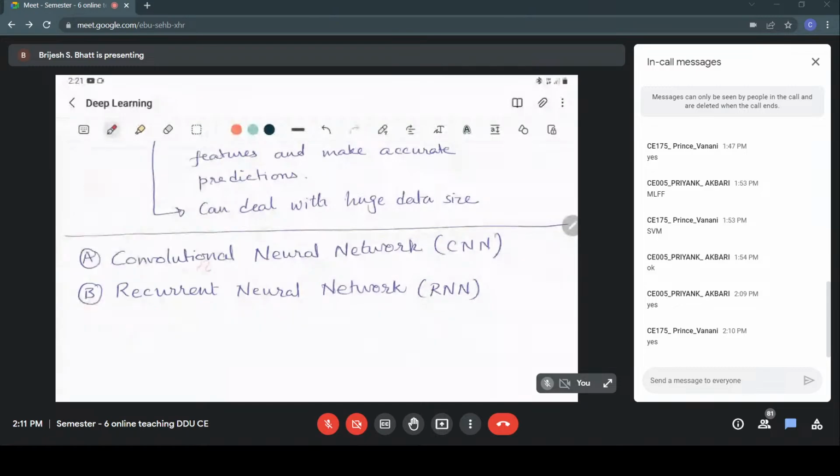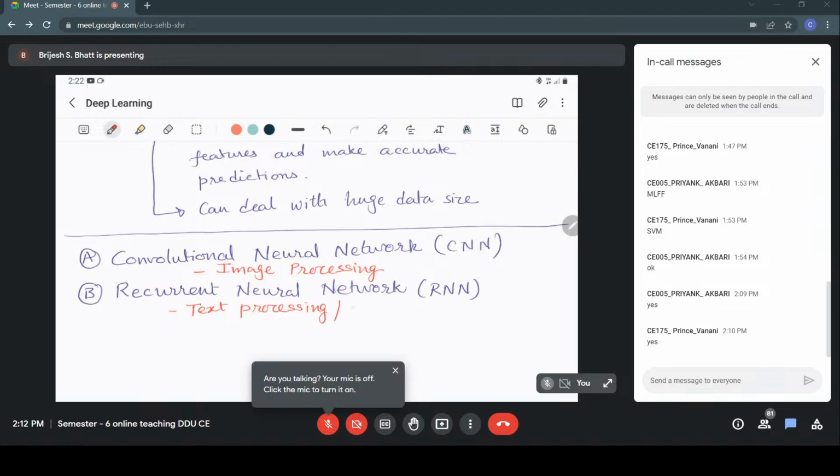So CNN is usually applied for image processing solutions, and recurrent neural network is usually applied for text processing or the task that we discussed last time, something called sequence labeling.